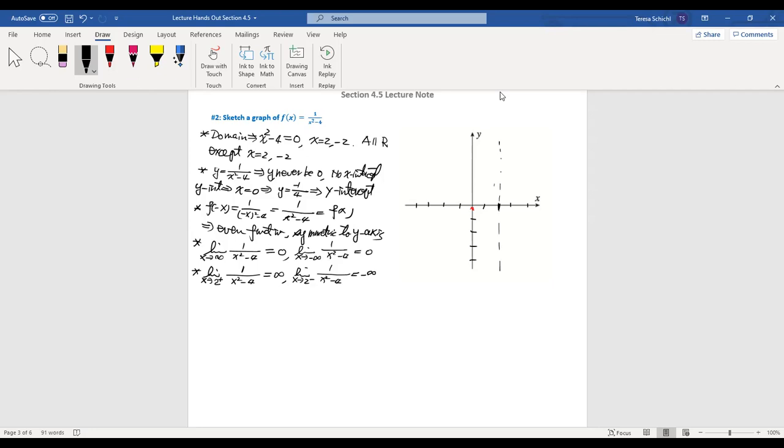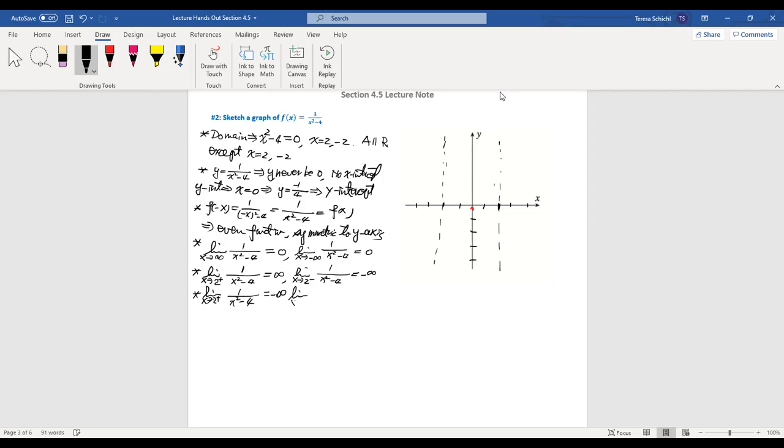Now let's take a look at what happens to the limit as x approaches negative 2 from the right-hand side. When you square it, it's always going to be a little bit less than 4, so you get negative infinity.